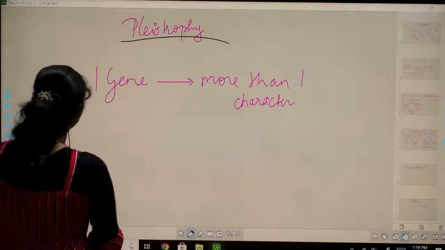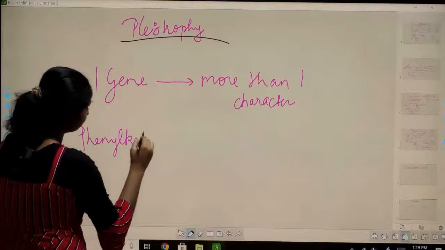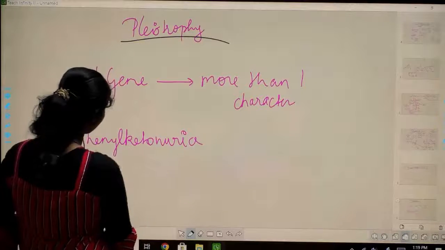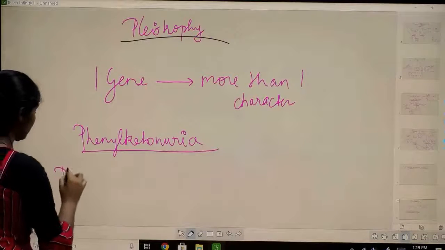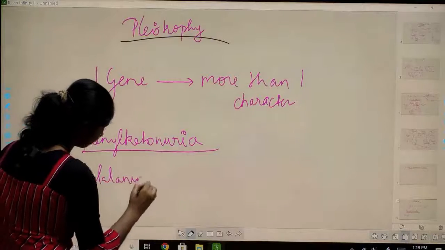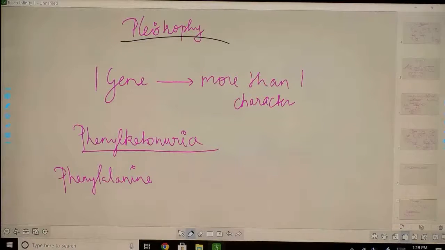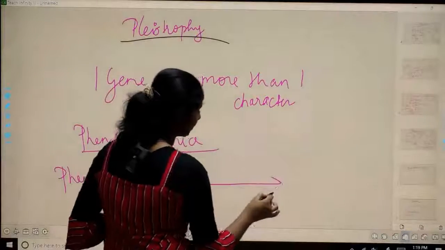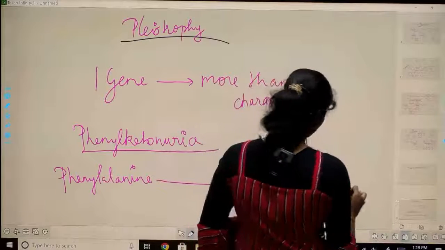So an example for these is the disease phenylketonuria. In the disease phenylketonuria, phenylalanine, which is an essential amino acid that we get from our diet, is usually hydrolyzed into tyrosine, another amino acid.